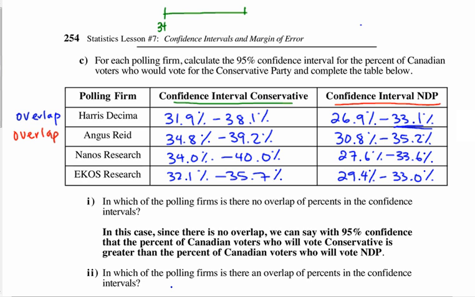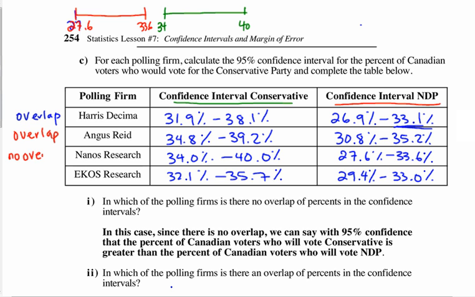Now the range for the other is 27.6, so let's use red, 27.6 all the way to 33.6. That's before the 34, so there's no overlap here.